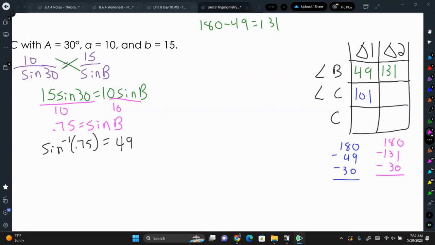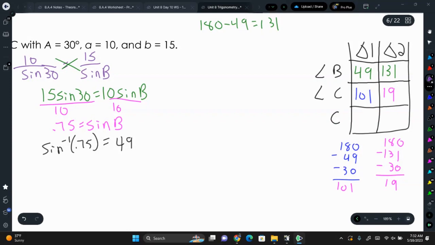And that gives us 19 degrees. So now we got to do the law of sines 2 more times, one for each triangle, to figure out what side C is.